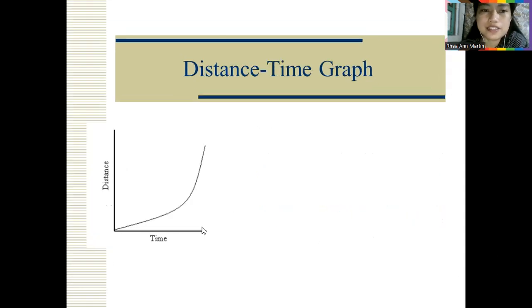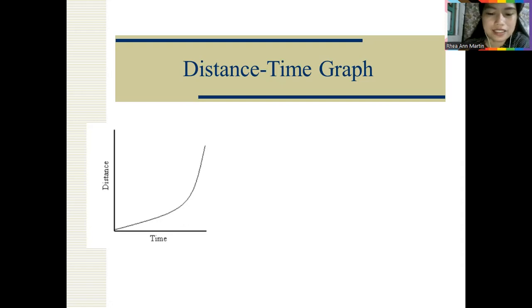Now, the next graph. This is what I mean, it is not straight, right? There is a curved line. What does the curved line represent? While the time is increasing, the object moves slowly here, then it increases, so it is speeding up.